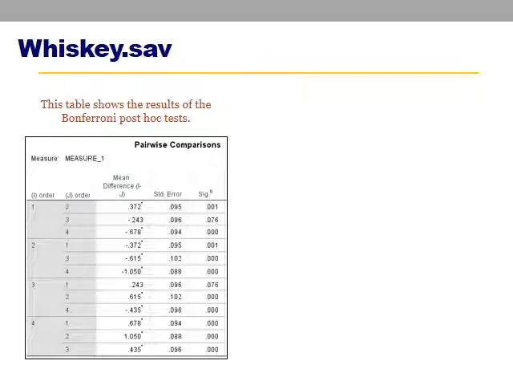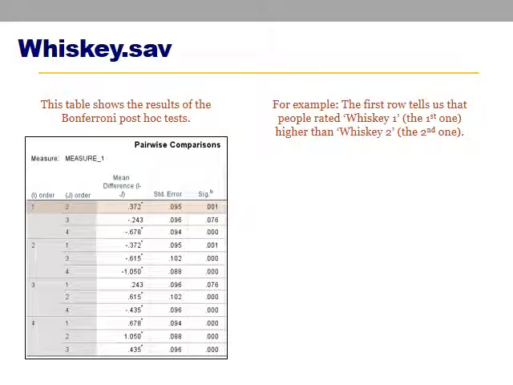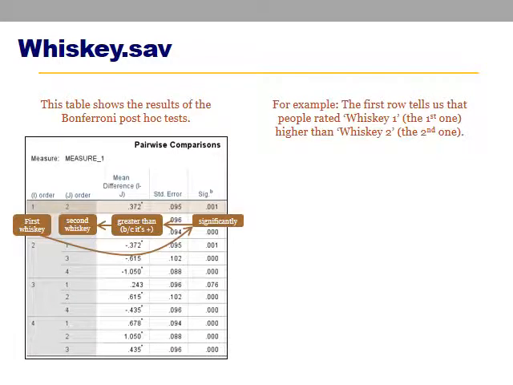Now, the first thing we'll need to know about this table is what these numbers on the left-hand side mean. The first row, for example, tells us that Whiskey 1 and Whiskey 2 were significantly different from each other. As we saw last week, we'll start with the number on the left, which tells us that we're comparing our first whiskey against our second whiskey.